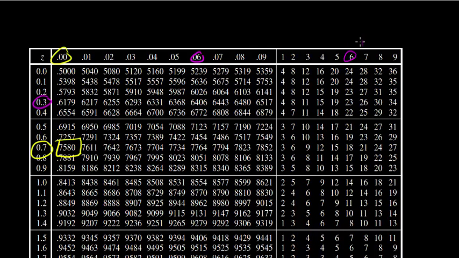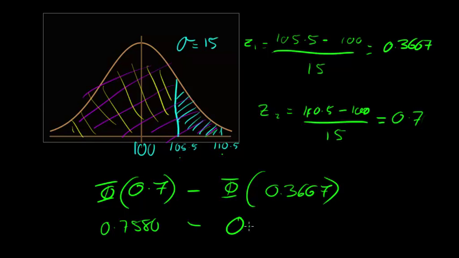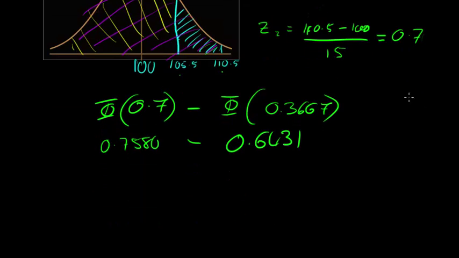It'll be about 2/3 of the way through, which is going to be 0.0025. So 0.6406 plus 0.0025 gives me a value of 0.6431. So minus 0.6431. That wasn't necessarily exact.